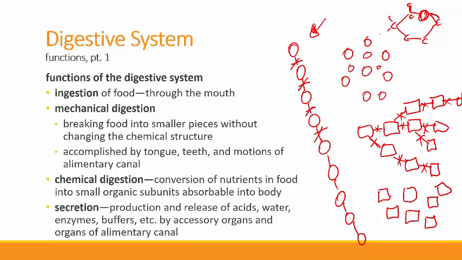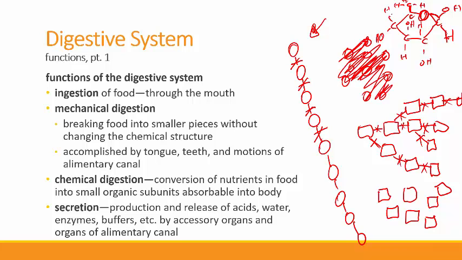And then attached to each of the carbons is a hydroxide group and a hydrogen. All right, so there's the chemical structure of a glucose.